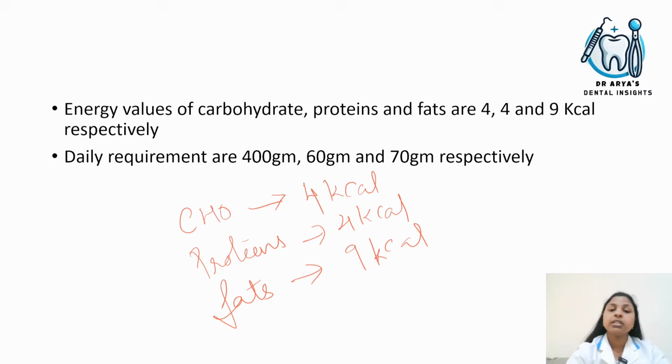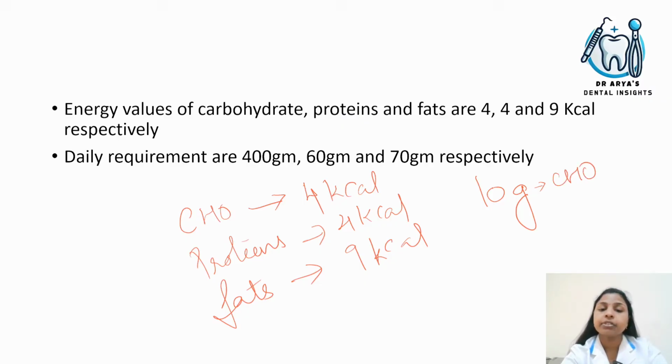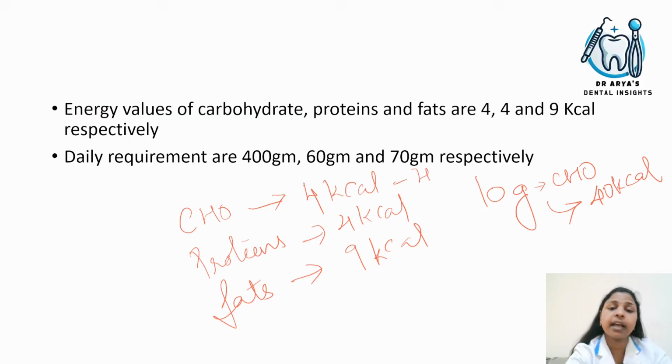So what does 10 gram of carbohydrate yield? That means for carbohydrate it is 4 kilocalories, so 10 gram it is 40 kilocalorie. Okay, and the daily requirements are, for carbohydrate 400 gram, proteins 60 gram, and for fats 70 gram.